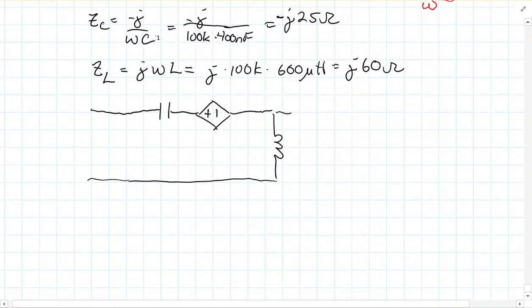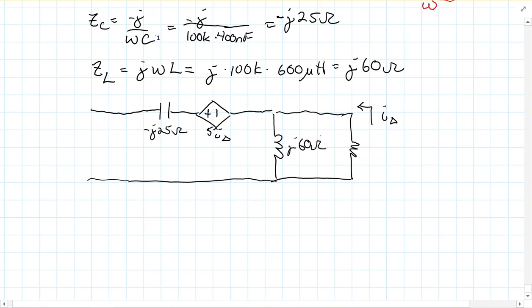Okay. So we have I delta. And then these are now going to be negative j25. And this is still 5 I delta. And this is now j60. And of course this is still 30 ohms.